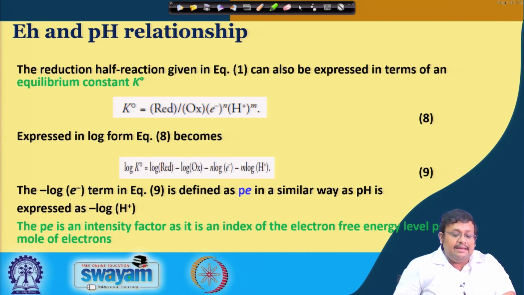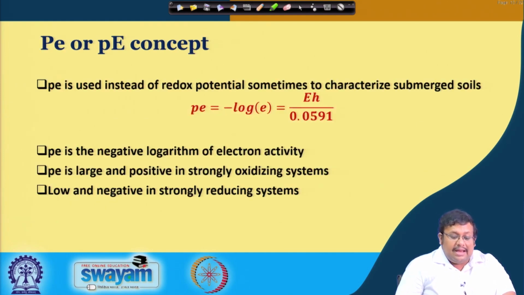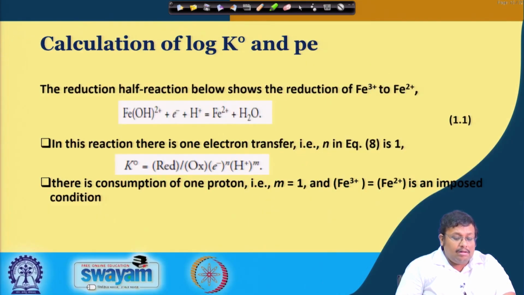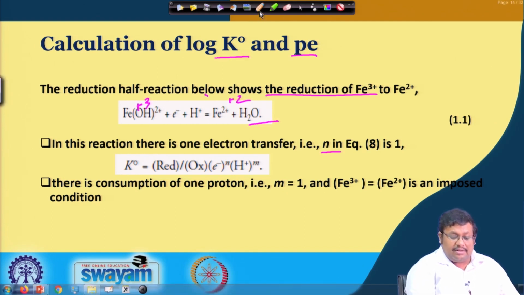So, here the electron n is 1, and also there is consumption of one proton. So, transfer of one electron means consumption of one proton. So, here m equal to 1.